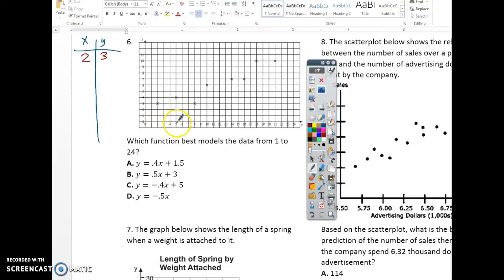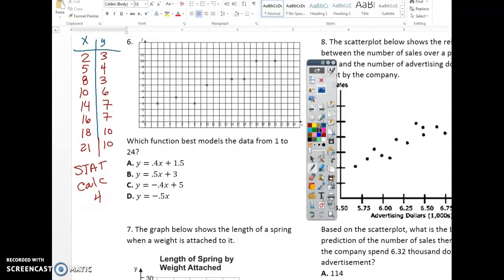Start writing them. (5, 4), (8, 3), (10, 6), (14, 7), (16, 7), (18, 10), and (21, 10). Okay, you put that in StatCalc 4 and get the equation.